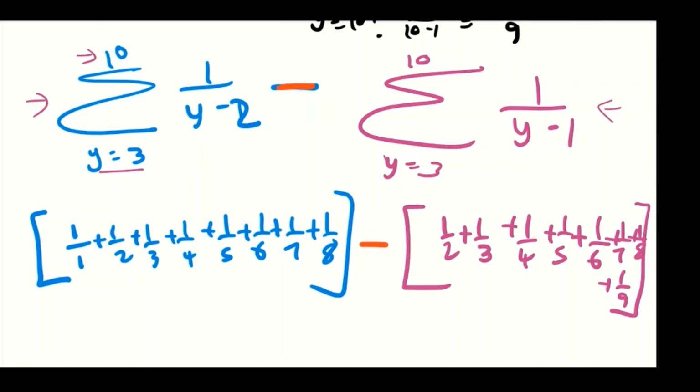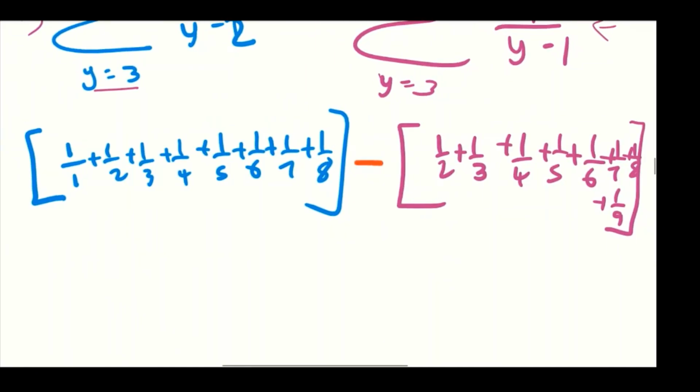Cool. So what I need you to look at in this problem is that because we are subtracting this and this, where you see numbers that are common, you know very well that they are going to disappear because they are going to subtract each other. So this 1 over 2 will subtract this 1 over 2, so they go away.